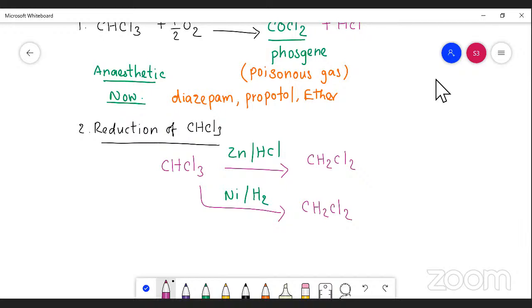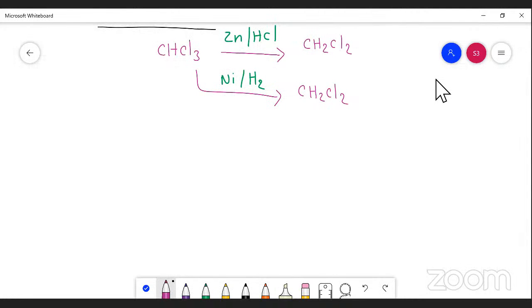Okay, and the next one is nitration. The third reaction is nitration of chloroform. Chloroform is CHCl3.